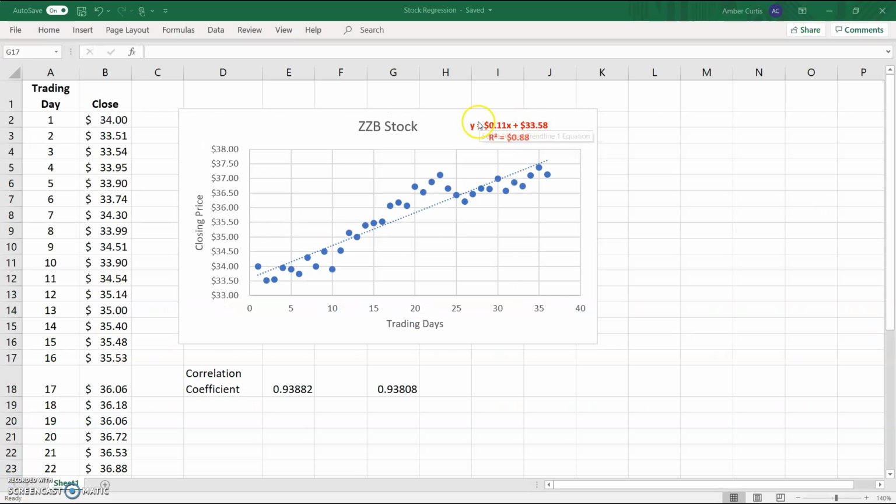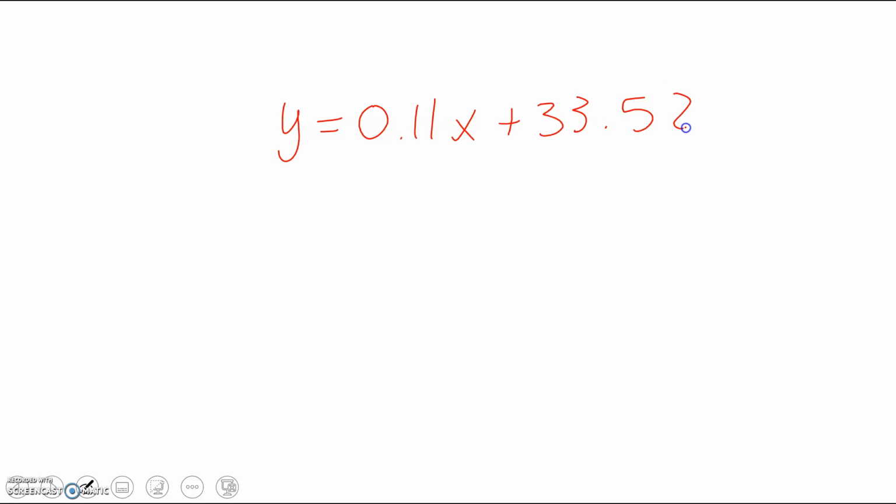All right, so if you take a look here, you'll see that our equation is y equals 11 cents x plus 33.58. So we have y equals 0.11x plus 33.58.